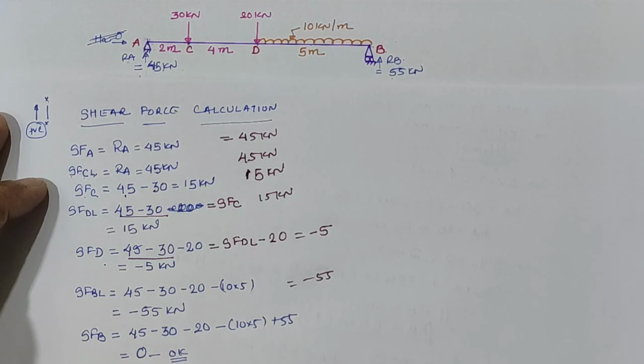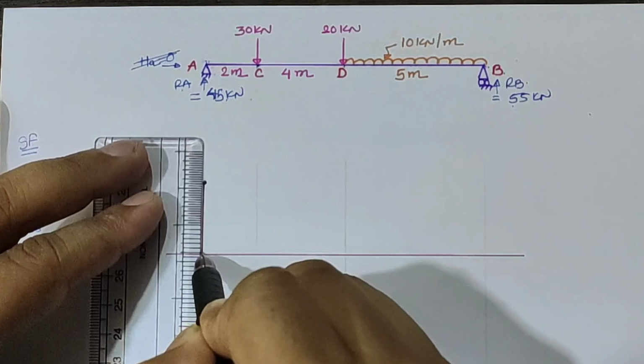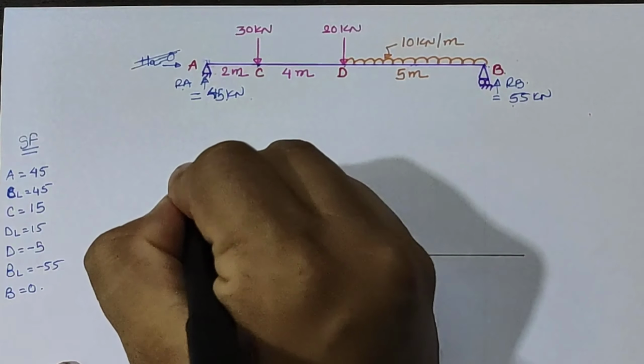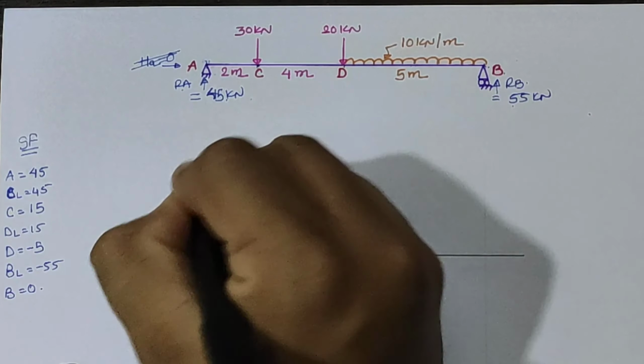Now for the shear force diagram, we have the value of shear force at different points according to the calculation. So let us take one reference line as the x-axis. Now at point A our value is 45, a positive value, so let us assume the value at point A as 45. According to the rule our diagram is a vertical line, so our value is 45.